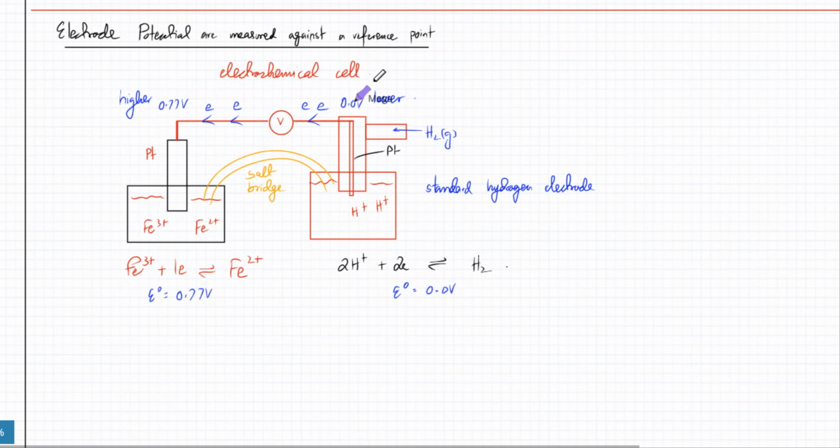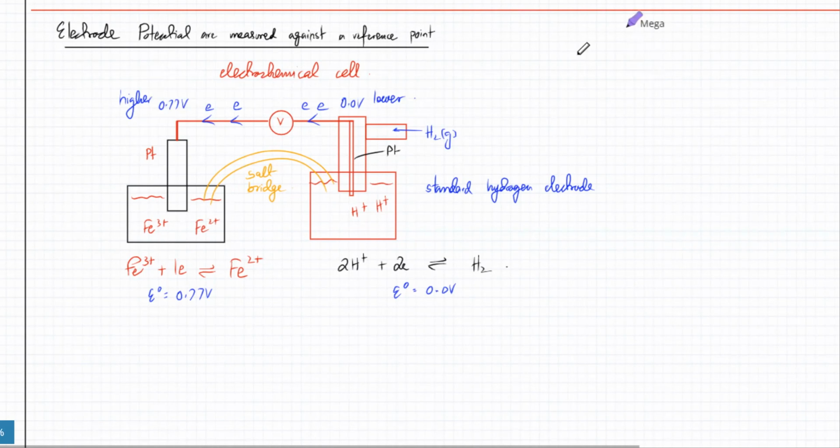So remember this: sometimes the reference is at zero voltage, and sometimes there's going to be a negative potential over here. The electrons would always flow towards the higher potential, so you would always have to check which one is the higher potential. In this case, because it's a relative comparison, this is the higher potential. But sometimes this is also going to be the higher potential, so the electrons can flow in the other direction as well.